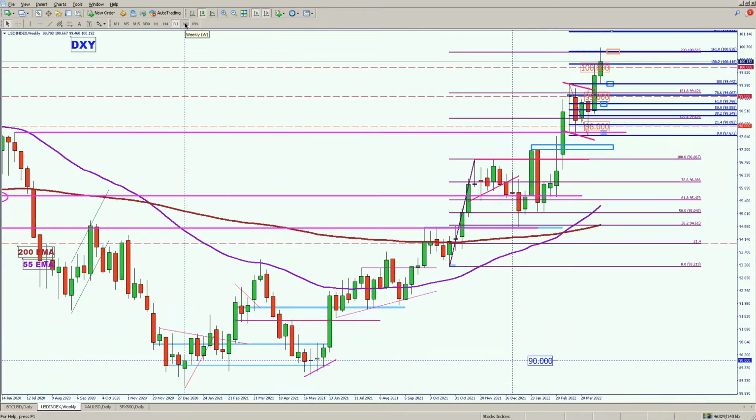So let's take a look at the weekly time frame, and that was a bullish close, but with some upper wick or upper shadow with possible continuation, but then a consolidation after that.